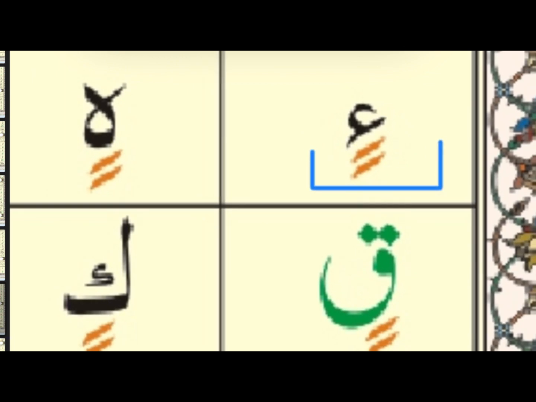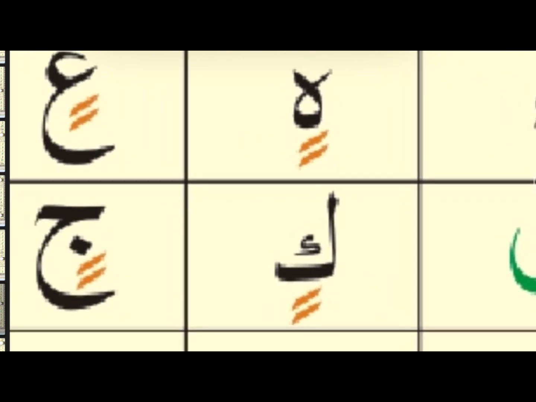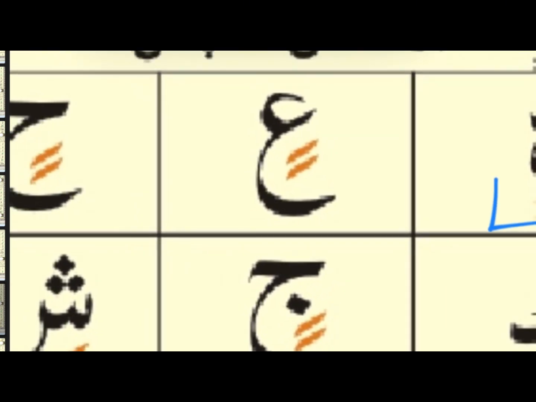Now usually it's e, like e. Hamza, kisra, e. But because there's two kisra, it would be in. Remember, two kisra is in. This one, hin. This one, ain.